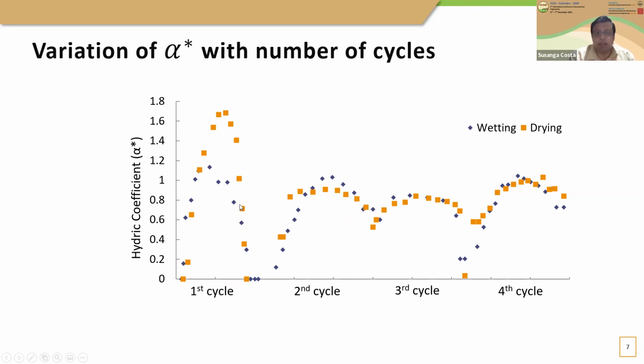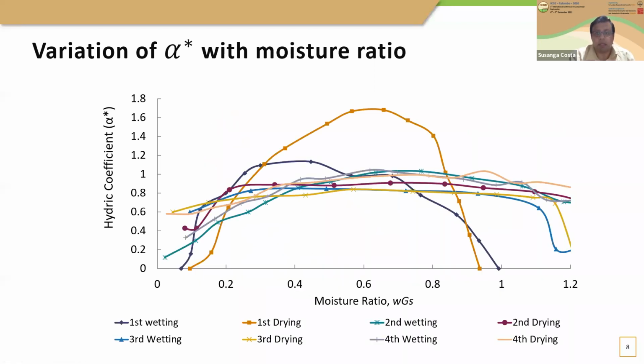One interesting point is that similar variation of alpha star values can be observed for both shrinking and swelling curves. Let's look at this in a slightly different way. Here we have plotted the variation of alpha star with moisture ratio. The behavior I mentioned before can be seen more clearly now.